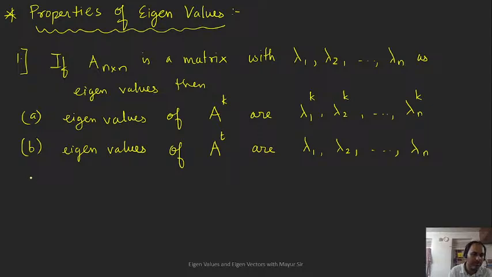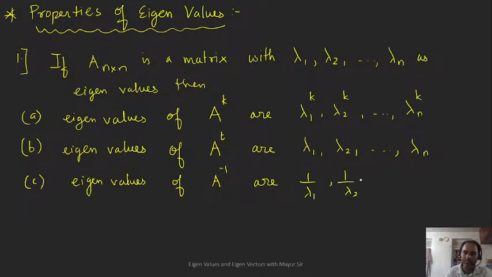Then eigenvalues of A inverse are 1 upon lambda 1, 1 upon lambda 2 up to 1 upon lambda n.